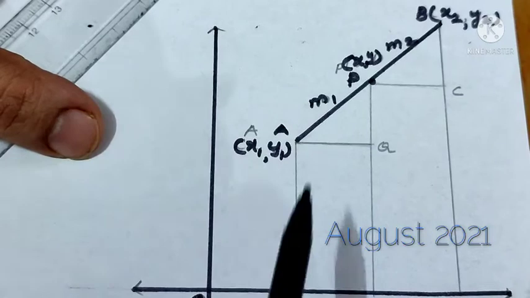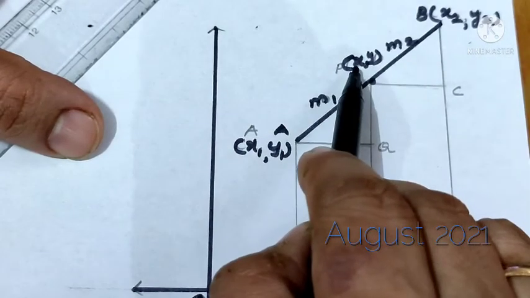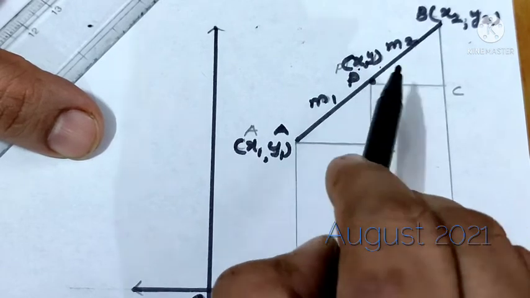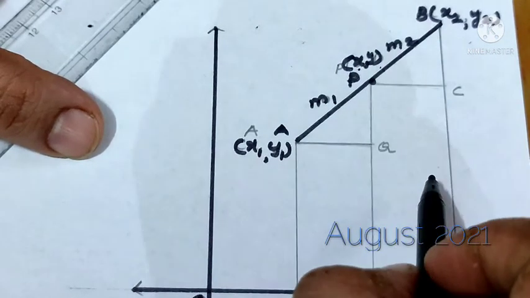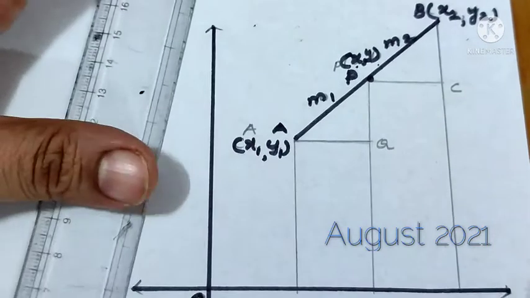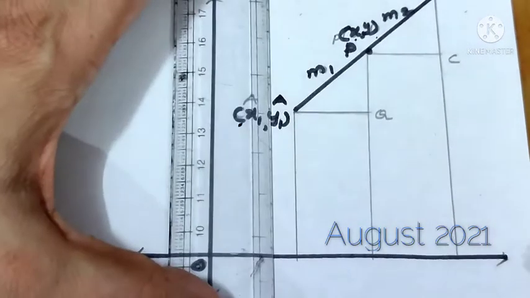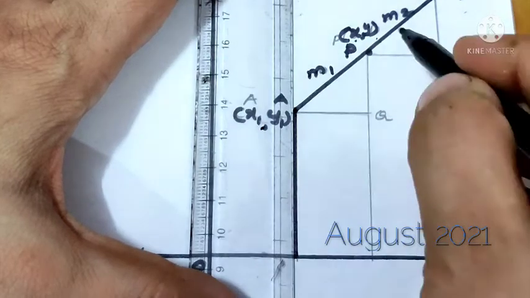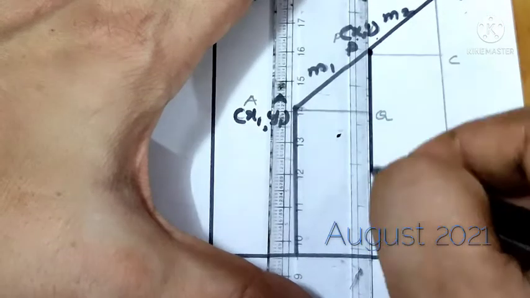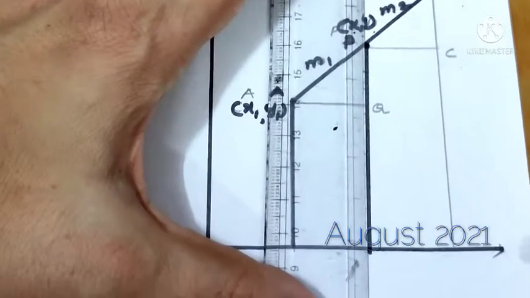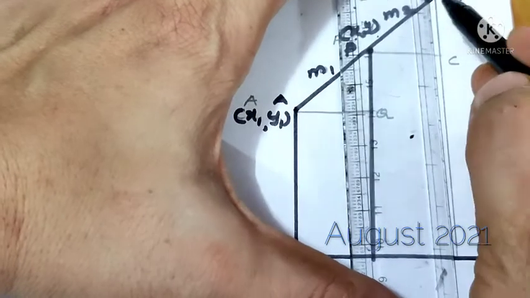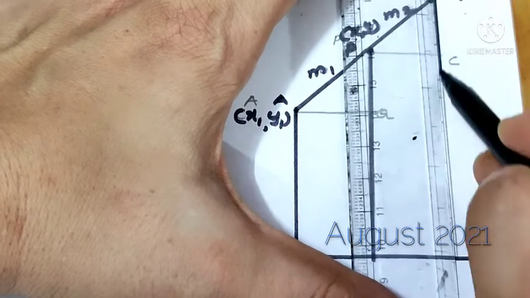Now what is the purpose of the question, means we should find out what x and y are in terms of the coordinates. So here we have to draw the perpendiculars: A to x axis, P to x axis, then B to x axis.